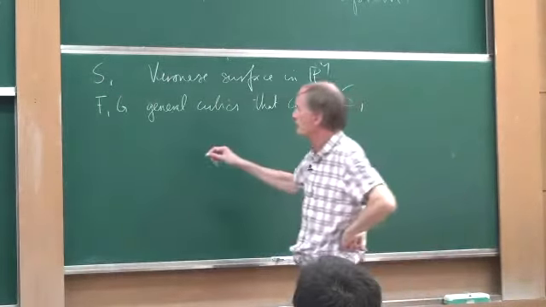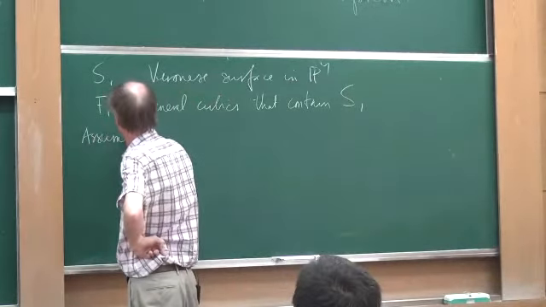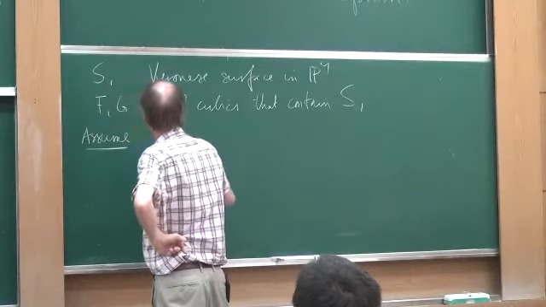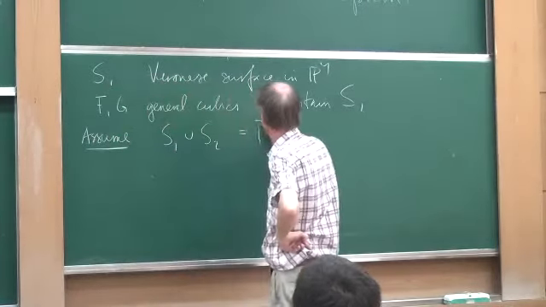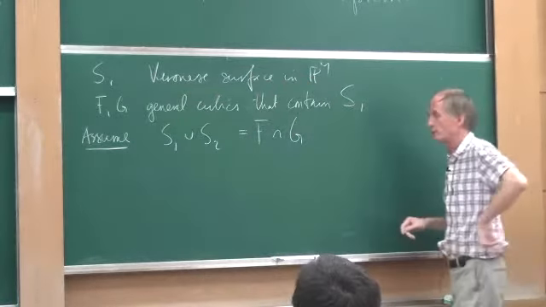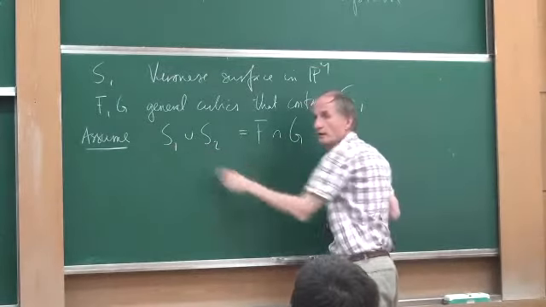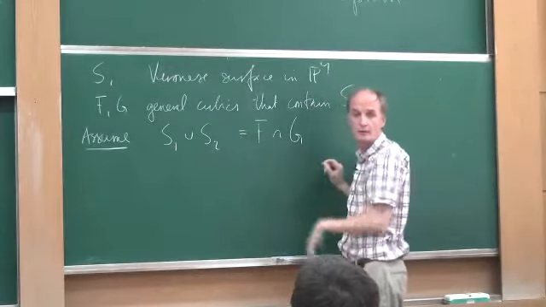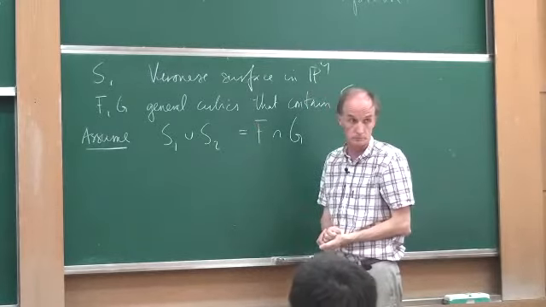So let's see. Assume S1 union S2. So maybe I should have written this the other way around. To start with the intersection of the two. It contains S1, therefore it contains something else also. Whatever that is, I call it S2.